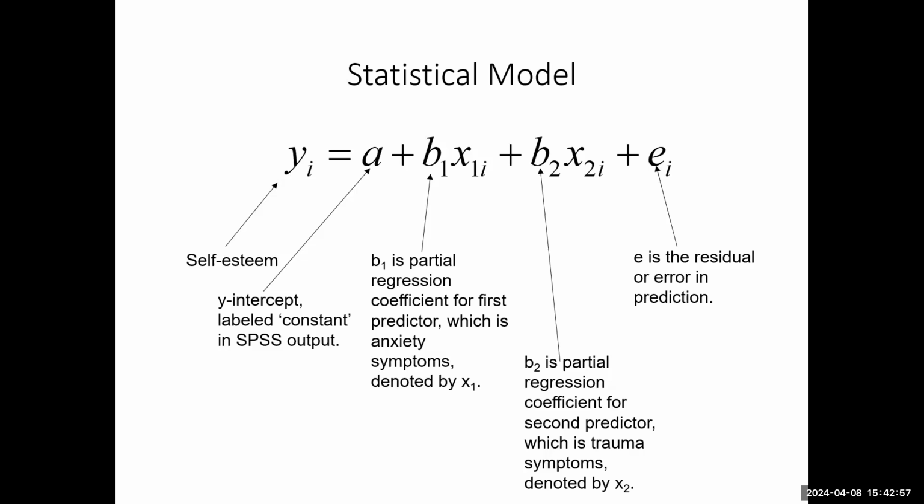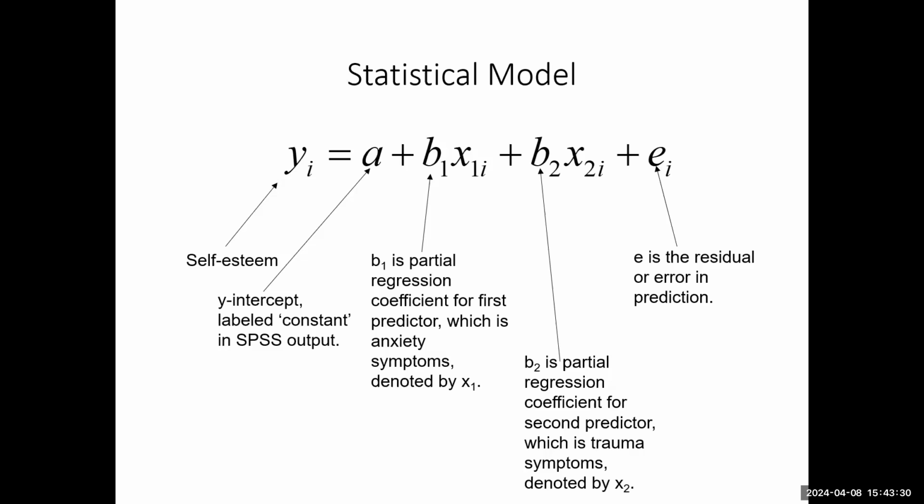Okay. On the right-hand side of the equal sign, we've got A, which is meant to denote the y-intercept, and that's labeled the constant in SPSS output. Technically, the y-intercept is the predicted value of the outcome variable when all predictive variables have a value of numerical 0. Okay. And then our second term on the right-hand side of the equal sign is B1 X1. B1 is the partial regression coefficient for our first predictor, which is general anxiety symptoms in this case, and it's denoted by X1.